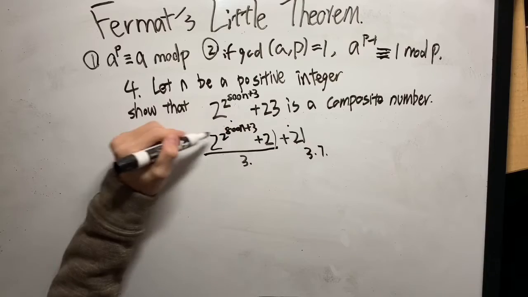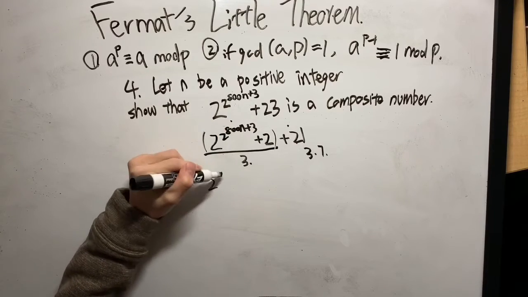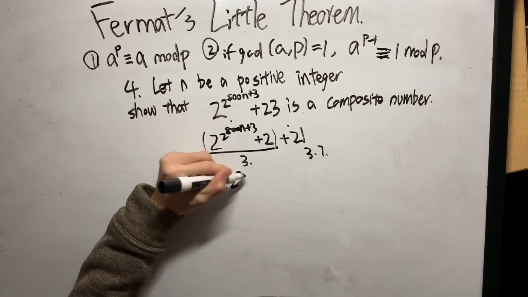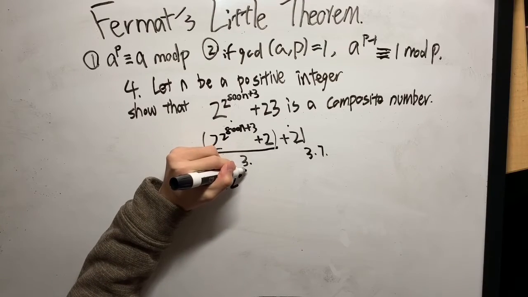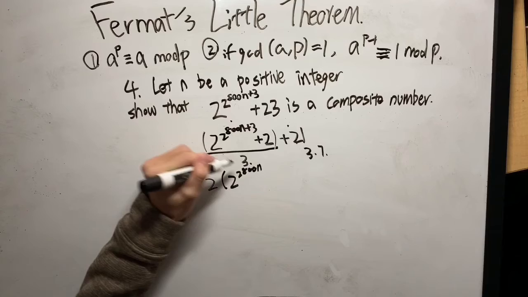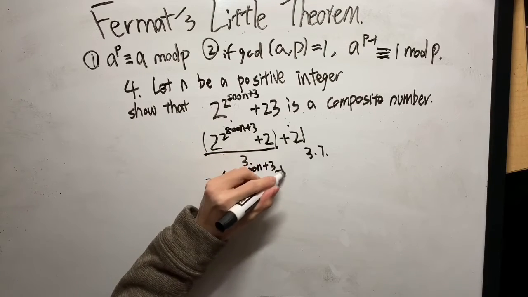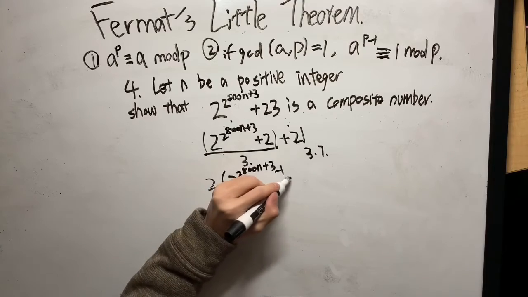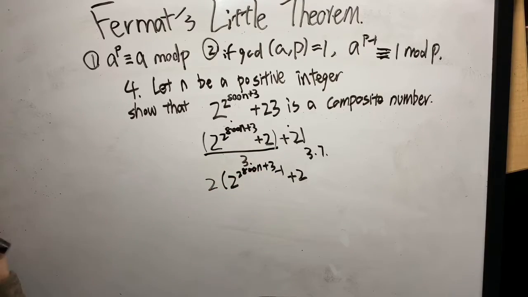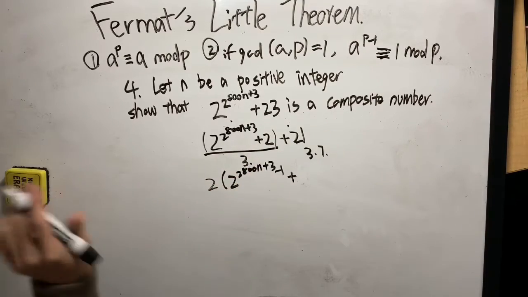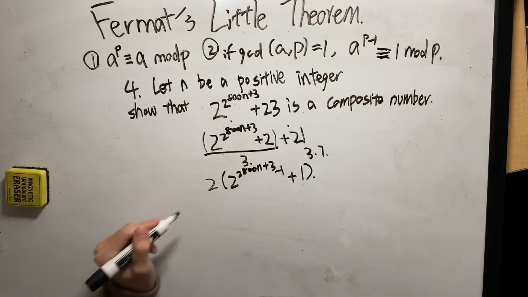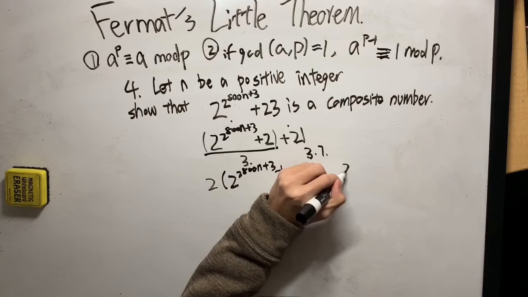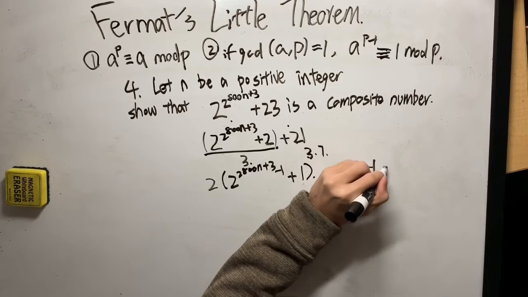So you can simplify this as 2 times 2 to the 2 to the 800n plus 3 minus 1, because we take one of the 2 out of the 2, plus 2, plus 1, I mean. For 3, we have 2 is congruent to negative 1 mod 3.